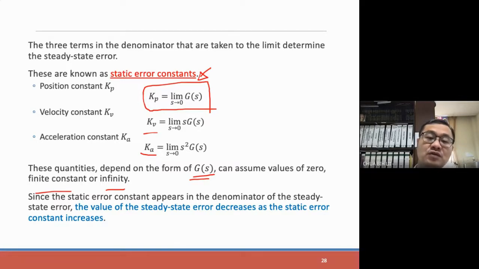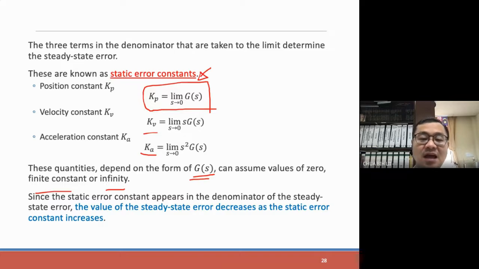So if you get a very high value for this constant, meaning to say you get zero steady state error, right? If you get a value that is not too high, then you will have a finite error.